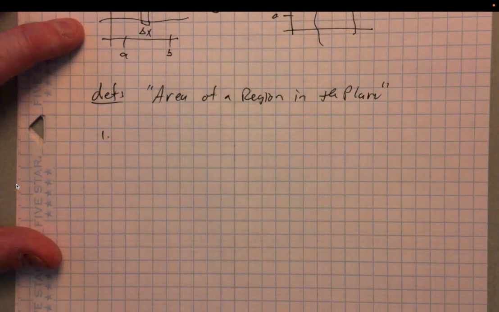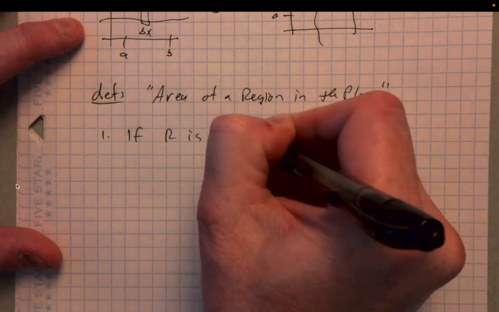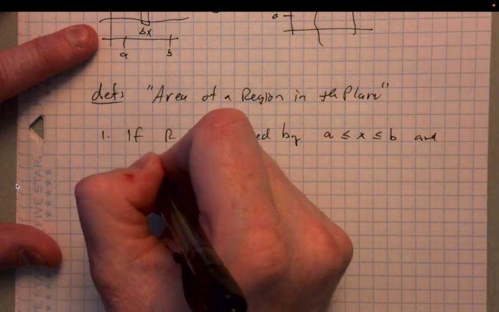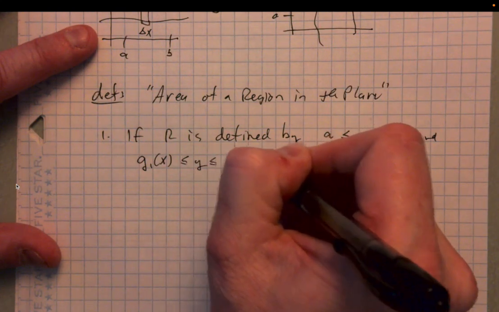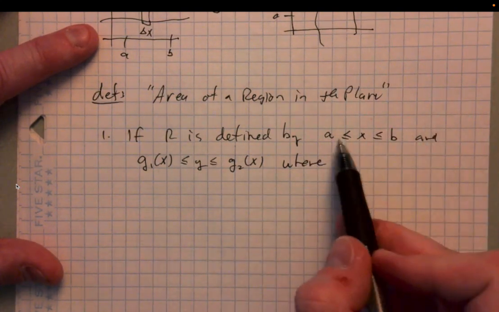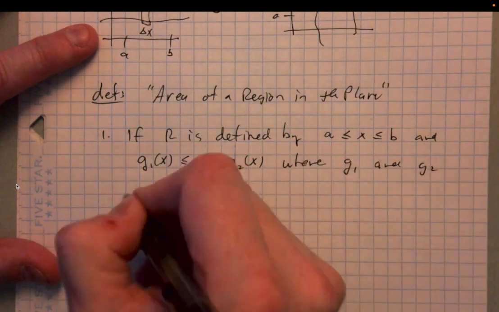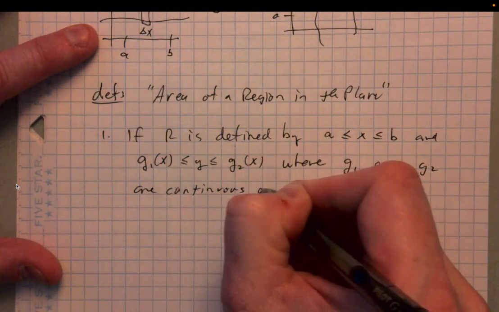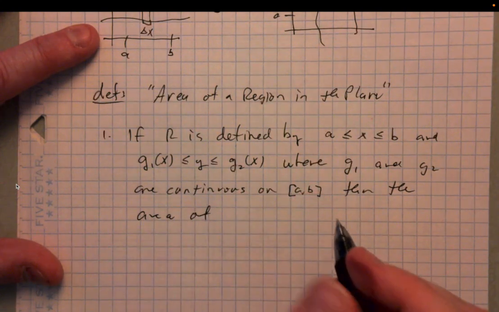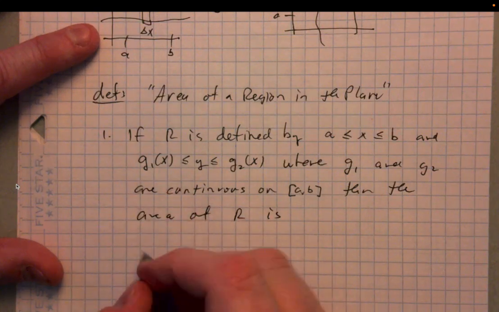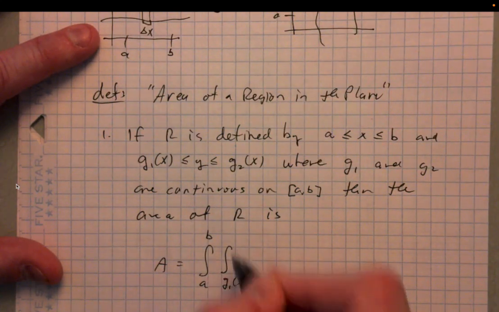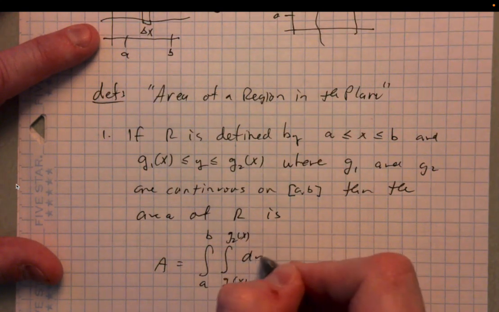The first one, if R is defined by a less than or equal to x less than or equal to b, and g1 of x less than or equal to y less than or equal to g2 of x, where importantly g1 and g2 are continuous on the closed interval a to b, then the area of R is the integral from a up to b of the integral from g1 of x up to g2 of x of dy dx.